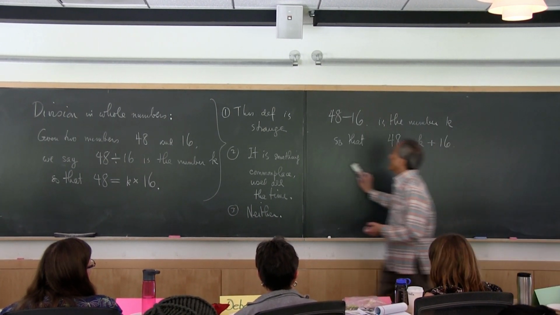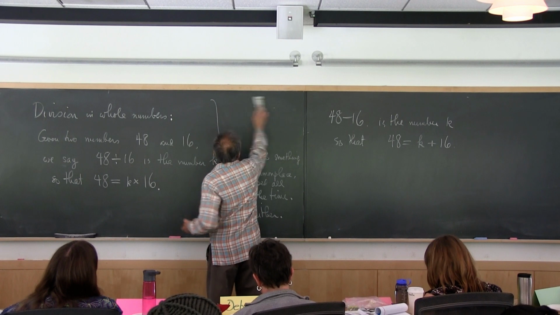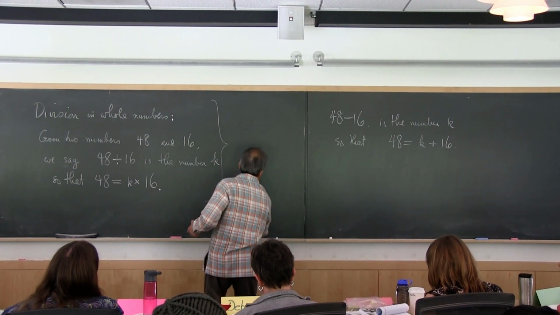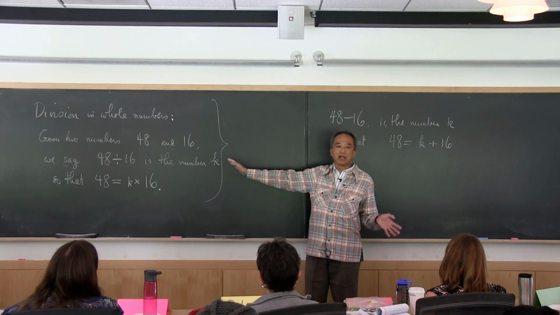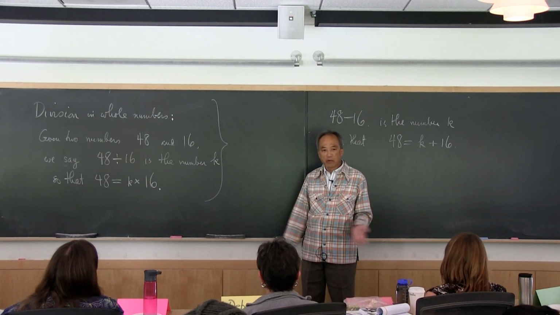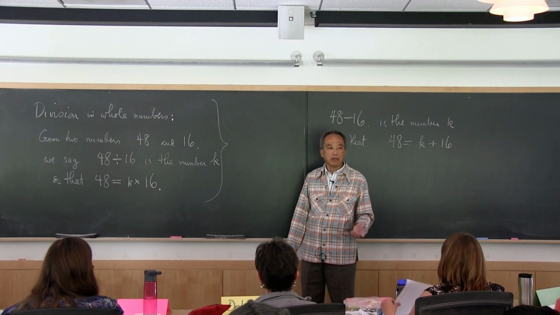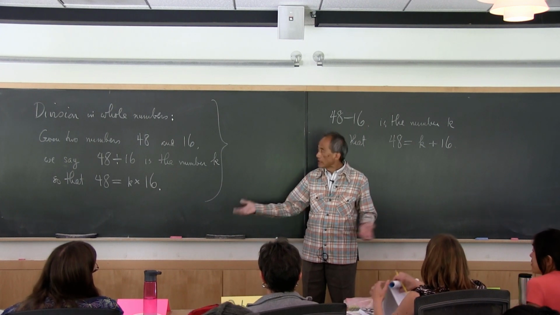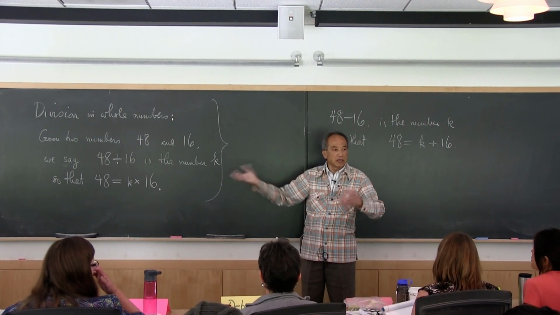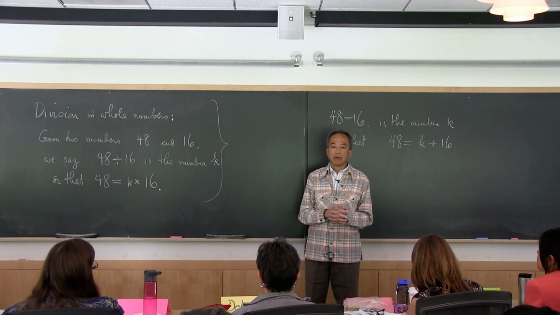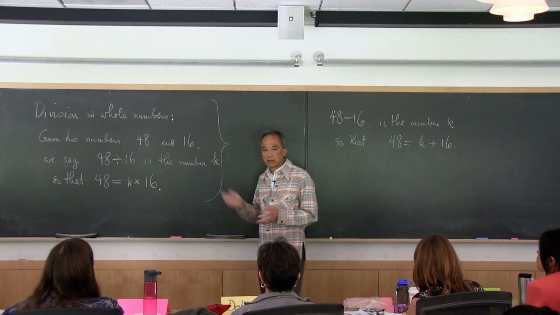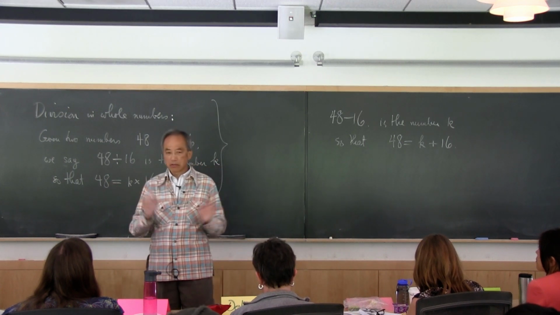Okay. So I hope it makes you understand that this is entirely natural. That's exactly how one thinks about division. You say, what is it? Well, you just multiply and see what happens. But is it supposed to be whole numbers? It's only for whole numbers.